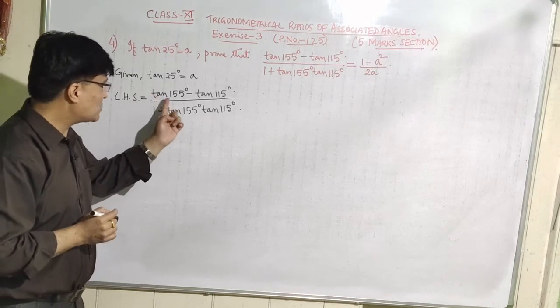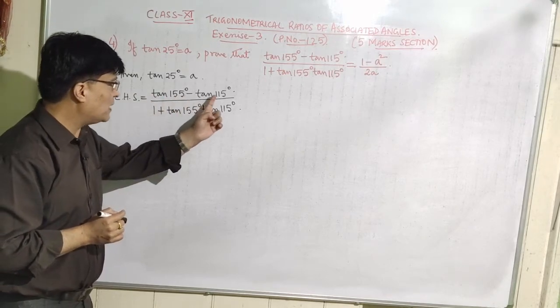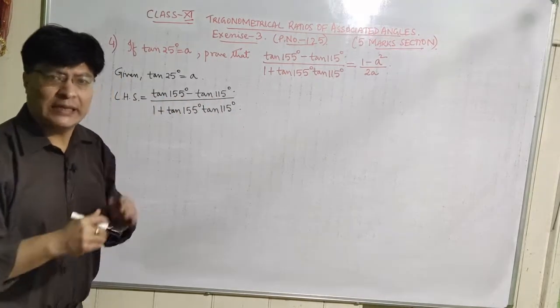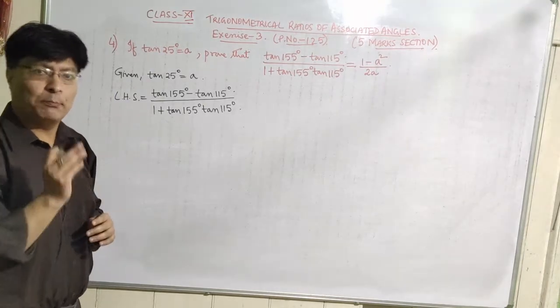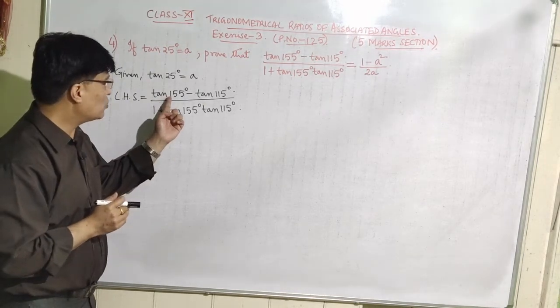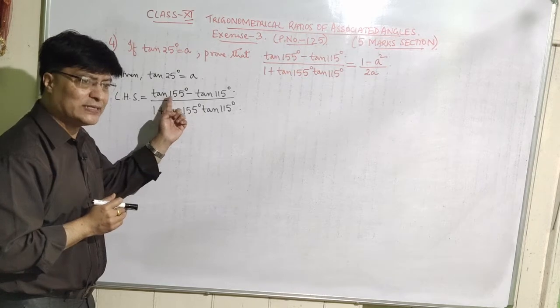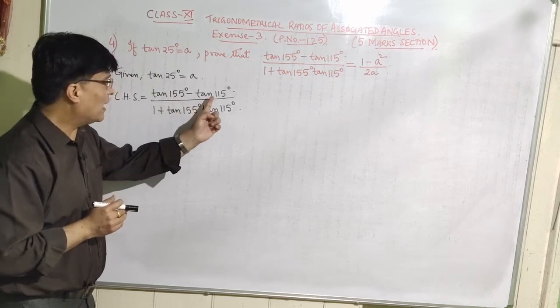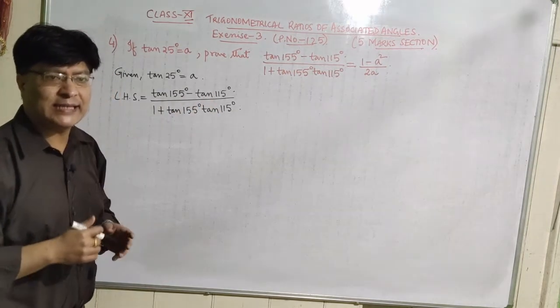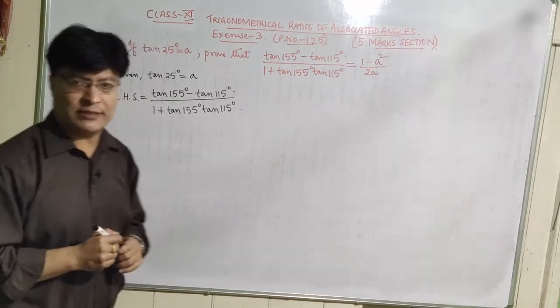So you can express this 155 degree and 115 degree in terms of 25 degree by writing 155 degree as 180 minus 25 degree and 115 degree as 90 plus 25 degree.